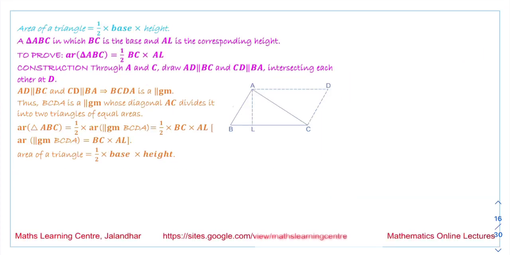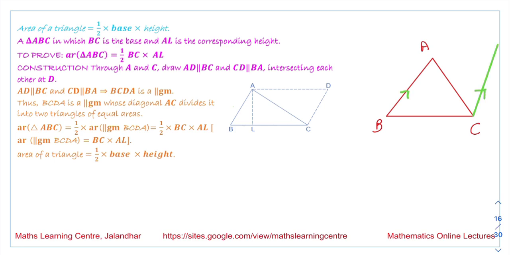Now the next thing we have to do is prove the formula for the area of the triangle. That is, the area of the triangle is half base into height. So we are talking about a triangle ABC. To derive the formula, we do a construction: from C we draw a line parallel to AB, and from A we draw a line parallel to BC.